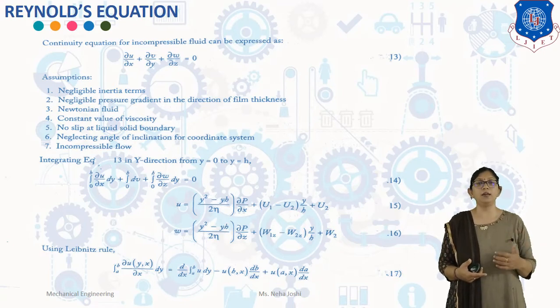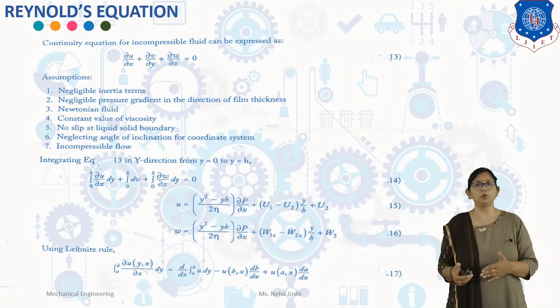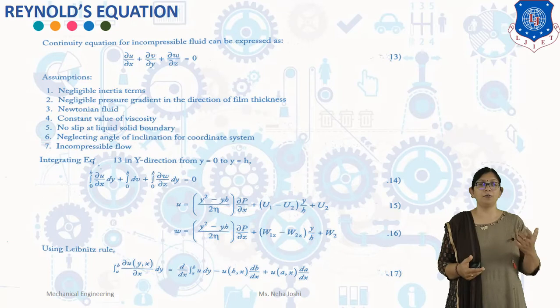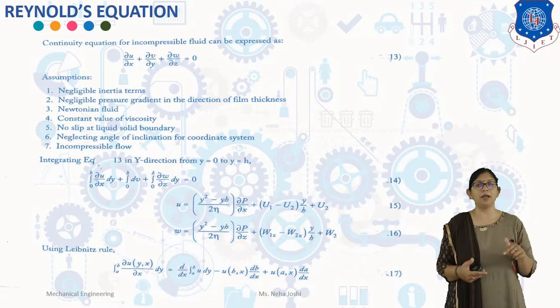Now integrating equation 13 in y direction from y is equal to 0 to y is equal to h. First we will integrate this equation: integrating limit 0 to h ∂u/∂x dy plus integrating limit 0 to h dv plus integrating limit 0 to h ∂w/∂z dy is equal to 0.